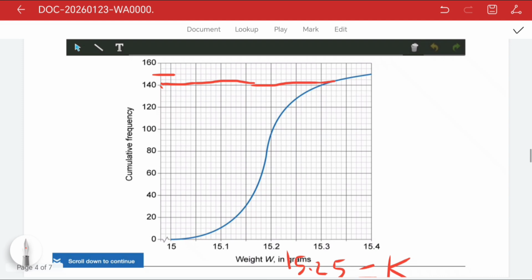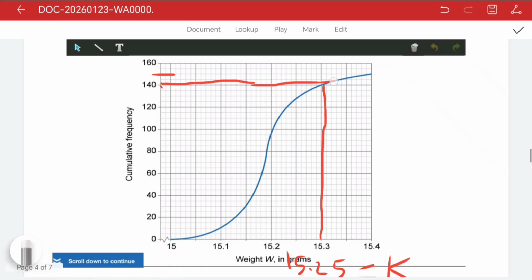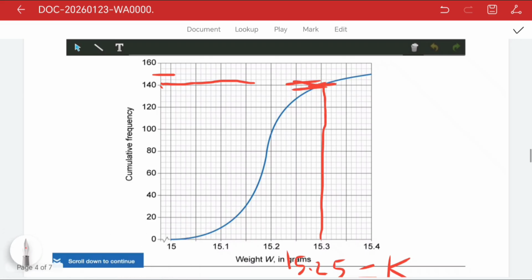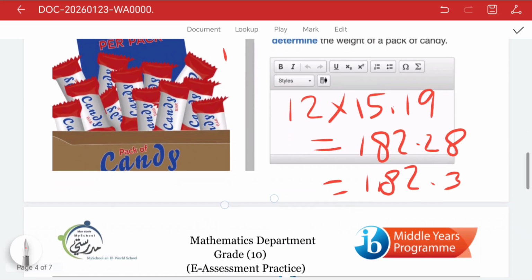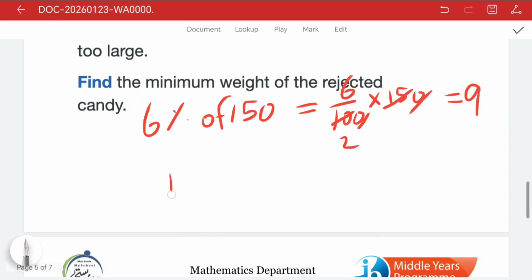We cannot go up, because it is a little bit almost this one, 15.3 or 15.31. One box mostly shows more than one, so it is almost close to this one. I hope you try to understand. So it is equal to 15.3 or 15.31. So weights more than 15.3 or 15.31 are rejected.